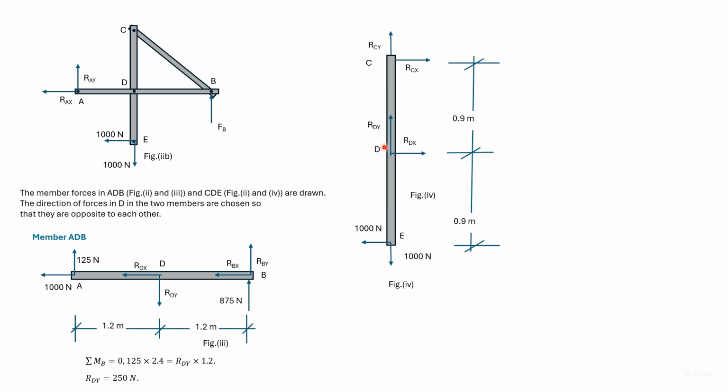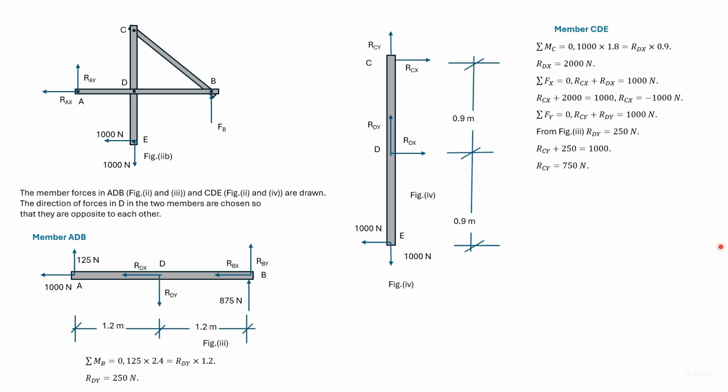So in CDE, we know RDY and RDX, and solving forces in the vertical and the horizontal direction, we can find RCY and RCX. With RDX and RDY known, in ADP, we can look at horizontal forces to find out RPX and vertical forces to find out RPY.